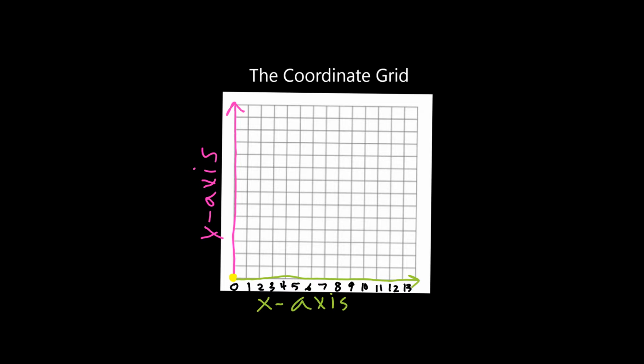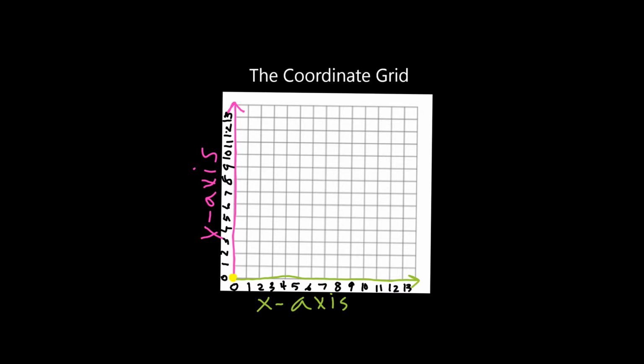We'll stop at 13. And I need to do the same to my y-axis. So again, this was 0 through 13. So right here we have a 13 by 13 grid.